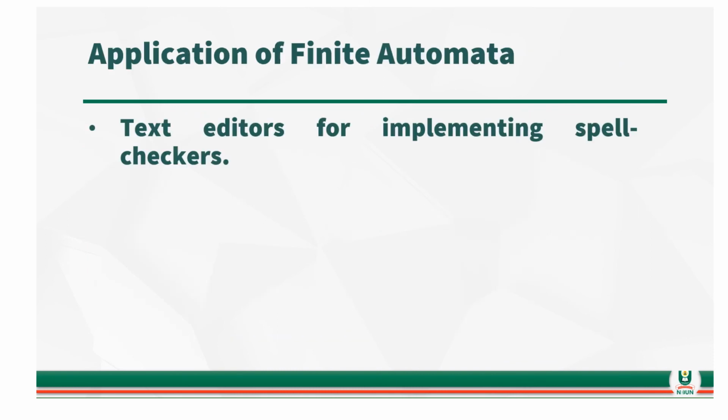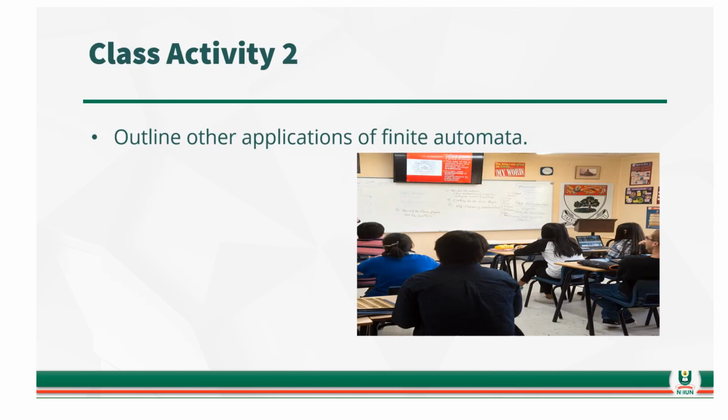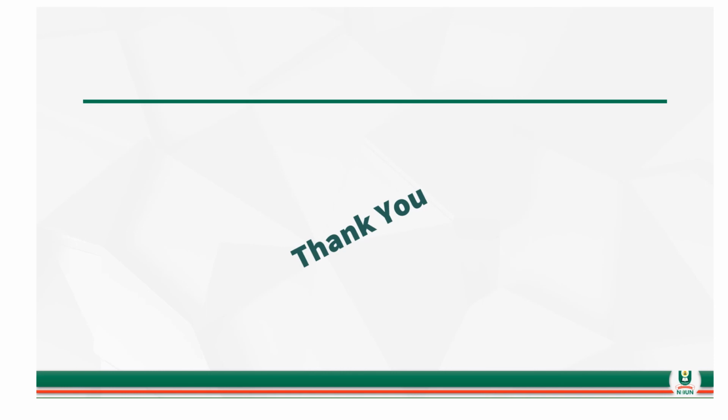So, applications of finite automata are seen in a particular example of our text editors, where there is need for implementing the spell checker. So we move into our class activity 2, where I will leave you with the responsibility of outlining other applications of finite automata, having known what finite automata are. Thank you. See you next class.